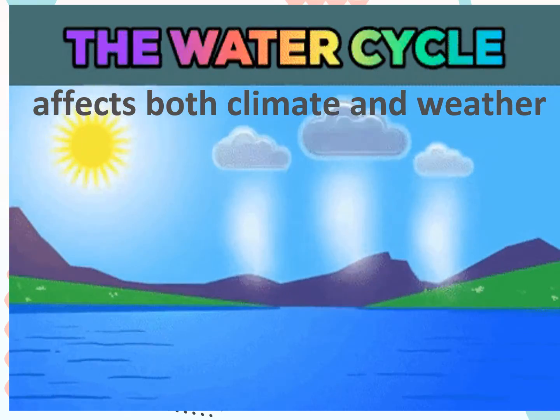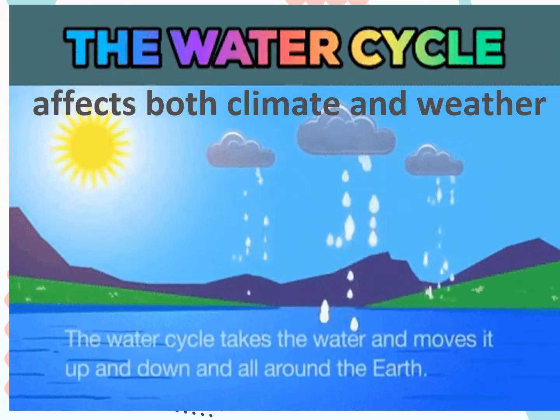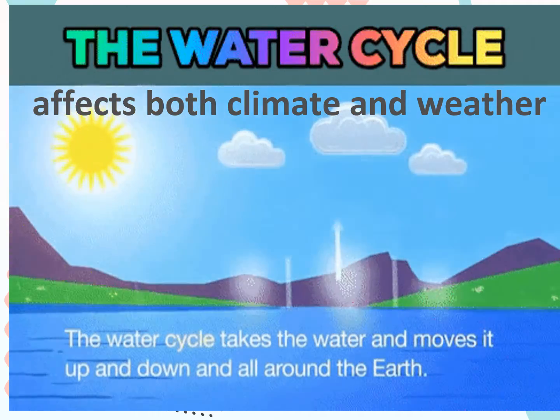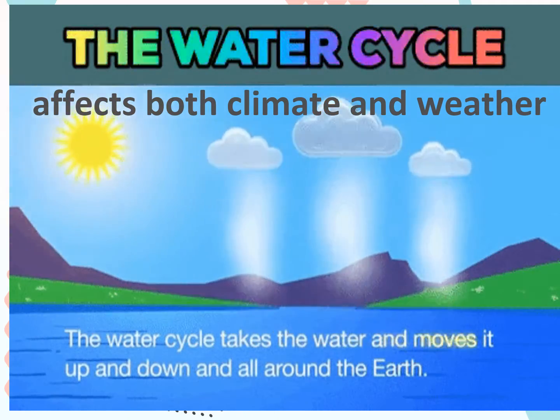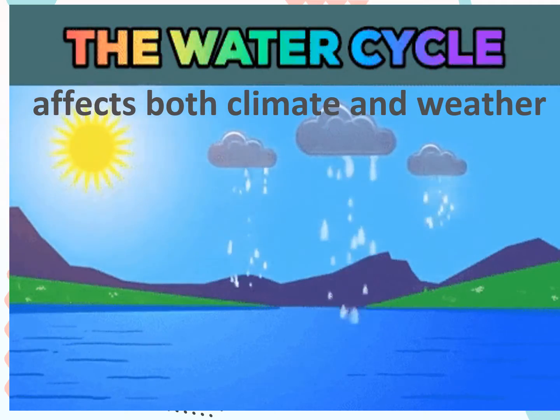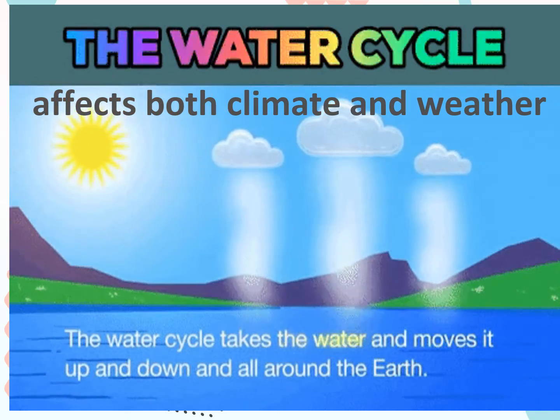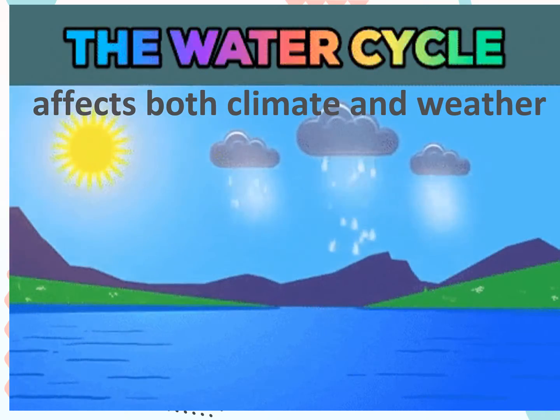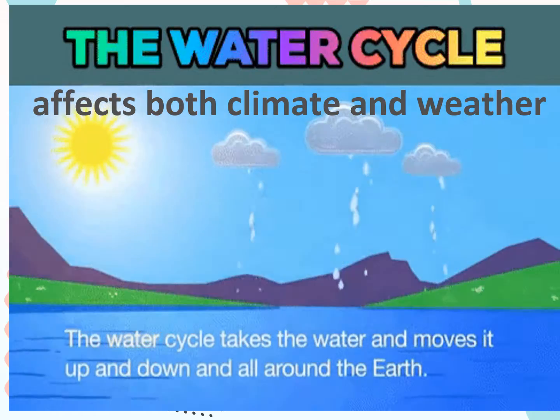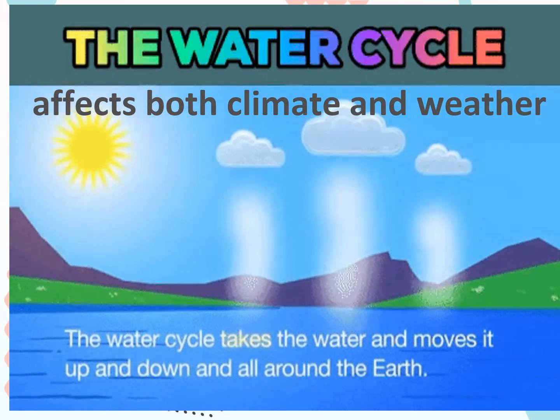Evaporation and precipitation are ways in which water moves through the water cycle on any given day during a weather event. Okay, so the water cycle takes the water and moves it up and down all throughout the earth, and it affects both climate and weather.